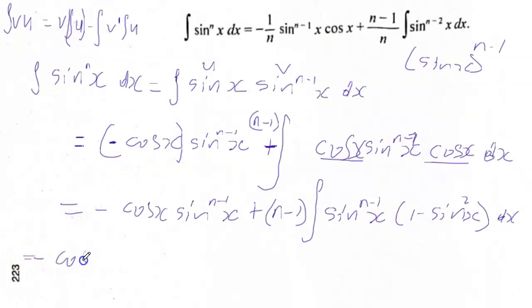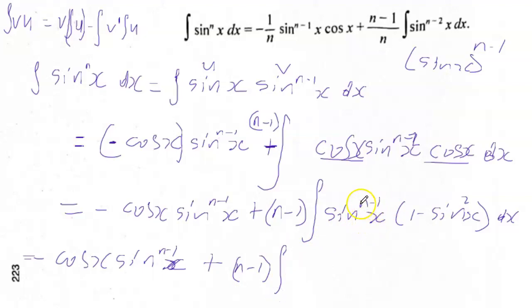So we end up with minus cos x sine x to the power n minus 1, plus n minus 1 times the integral of the bracket, and what we can do now is expand the bracket.